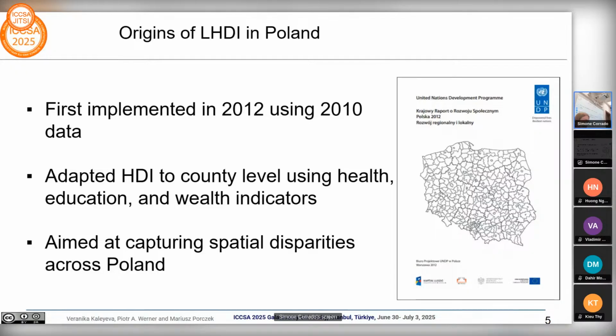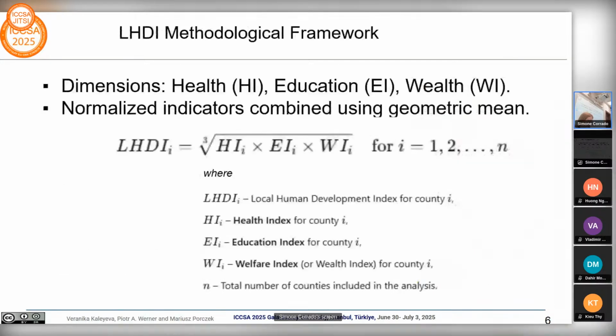This report first introduced proxies for all three dimensions of the Human Development Index, adapted to locally available data. And the formula looks rather similar. It's based on three main dimensions, the classic dimensions of HDI. The indicators are normalized and combined using a geometric mean.